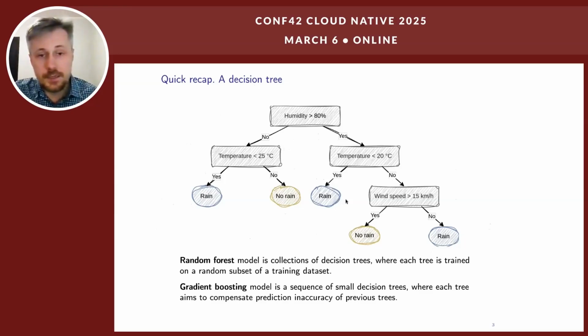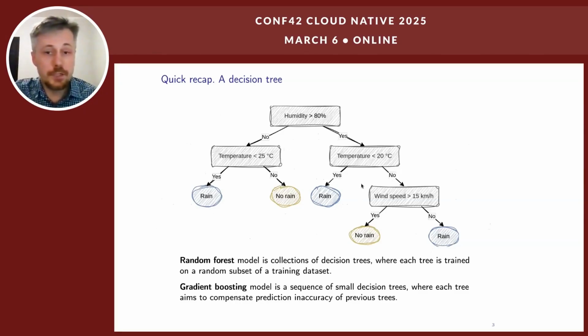In practice, the decision trees are quite a bit larger and use more features, but a single decision tree is a weak predictor, so we usually utilize ensembles. For instance, we can take multiple trees and train each of them on a random subset of the training dataset.